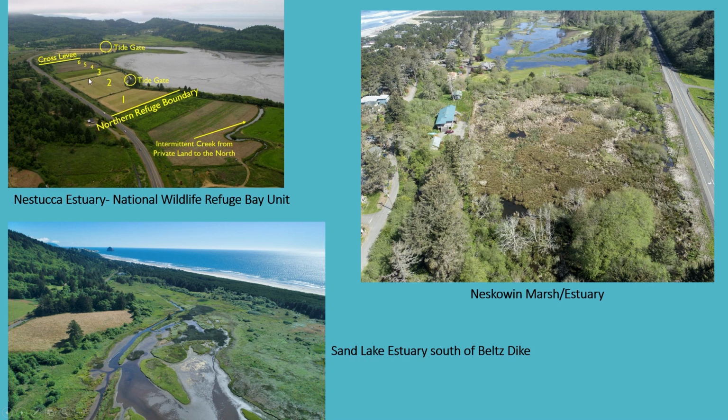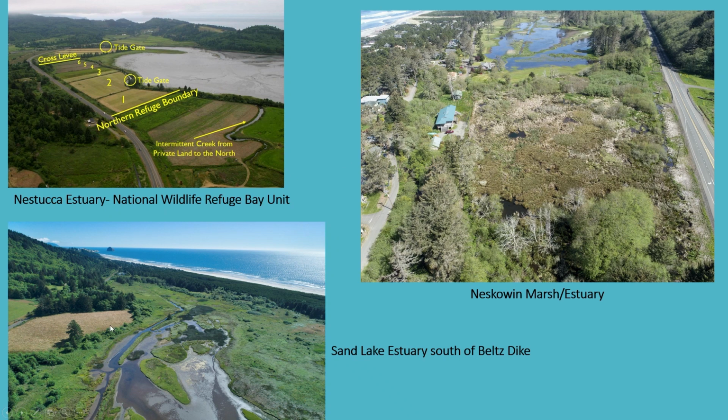So this project is replacing the two tide gates, cleaning silt out of the ditches to improve water quality and salmonid habitat, to re-meander and restore some historical tidal channels in the interior of the ditches, and to also plant out some of these interior areas in the hopes that it'll restore water quality, and the replacement of the tide gates will restore fish passage.